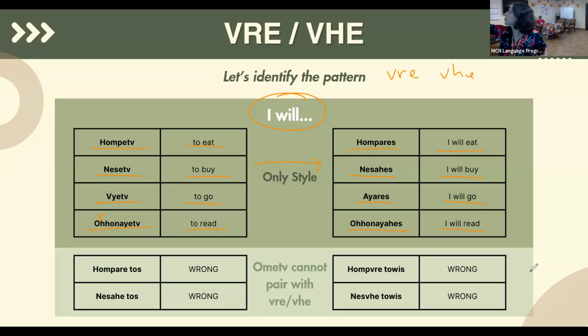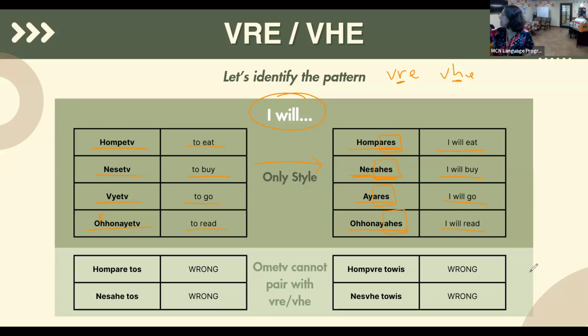is whether we use the R or the H. Otherwise, everything else is the exact same, right? So in each one of these, our pattern is after the root. So that means if homb is the eat, these is our pattern for I will. If nis is the verb root from nisida, ahis is the pattern, right?